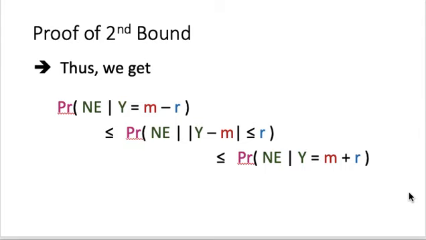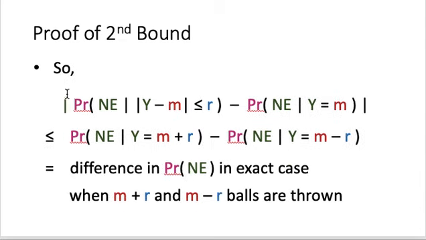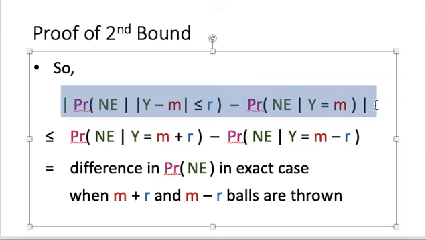Now on the other hand, the probability of no empty bins given y is equal to m is also bounded by these two. It is because we have just mentioned that this probability function is increasing in the value of this part. So in that case, we also have this bound. And recall what we want to find. We want to find the absolute value of the difference.